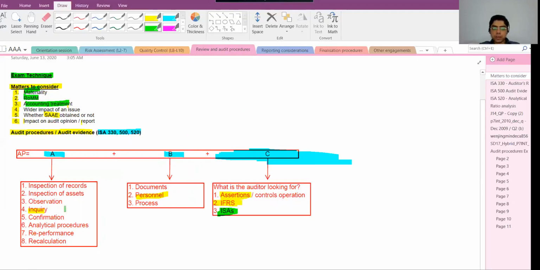You do that with the help of a document, a person, a process. And C is the most important component: what is the auditor looking for? Is the auditor trying to verify some assertion, some IFRS requirement, or ISA? So this is your thinking aid. C is your thinking aid, and that has to be there in your answer.